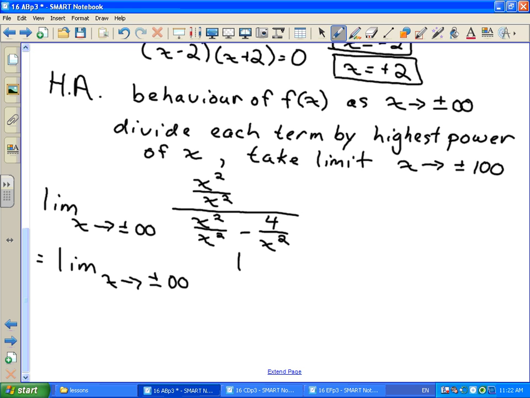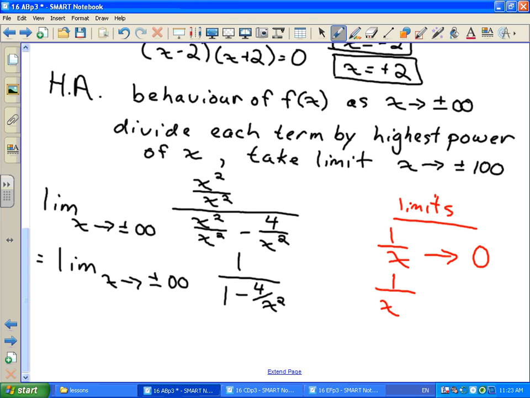x squared over x squared is just 1. We can't really do anything with the 4 over x squared. The only thing you have to know about taking this limit is that 1 over x goes to 0, because you're dividing 1 by something that is a very, very large number, either positive or negative. If you take 1 and divide it by something massive, it gets really small, close to 0.